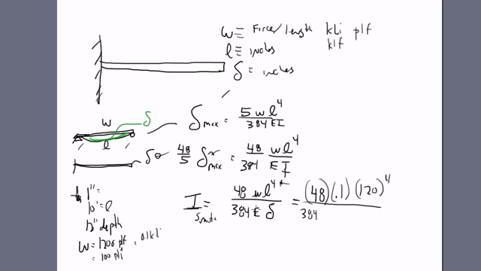Remember, the modulus of elasticity of steel is 30,000 KSI, or 29 times 10 to the 6th PSI, and the deflection that we said was 1/2 inch. So in that you solve for the required I, and let's see what that looks like.